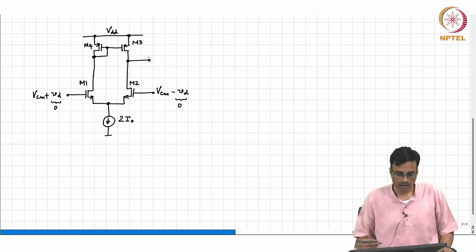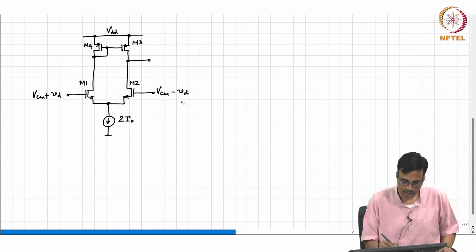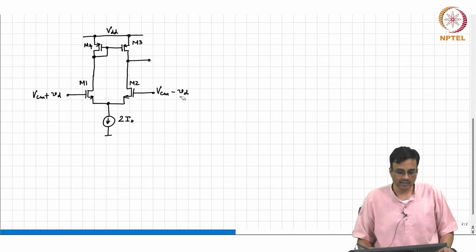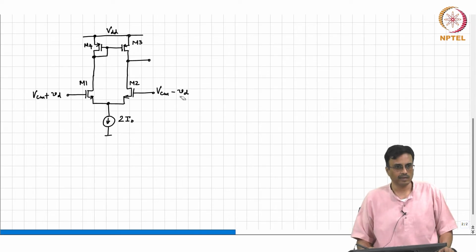Now, when Vd is 0, of course, there is no difference between the earlier scheme and this one. When Vd is not 0, we have to sit and analyze what is happening.